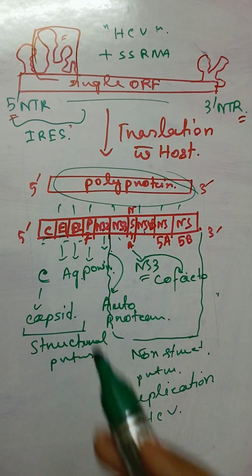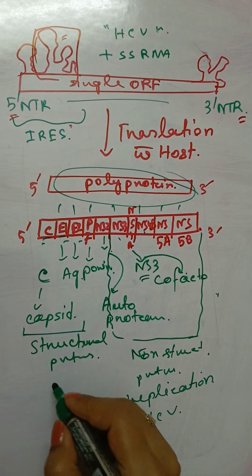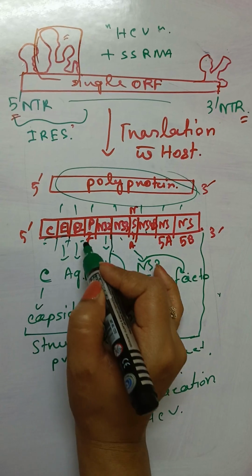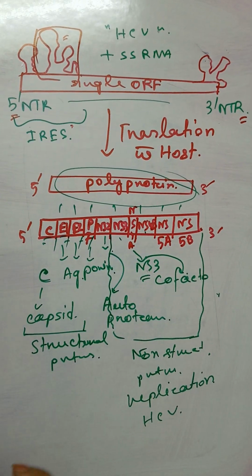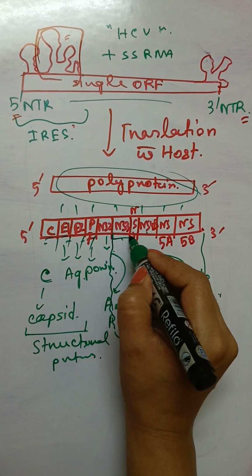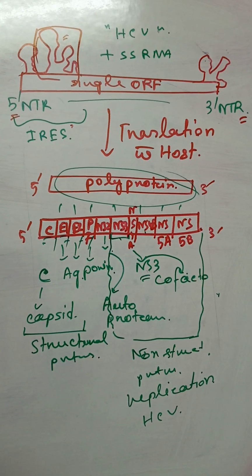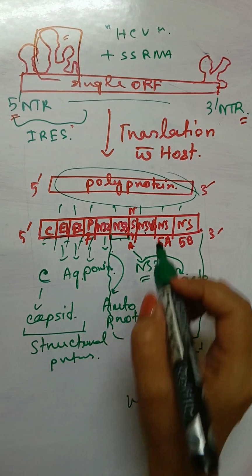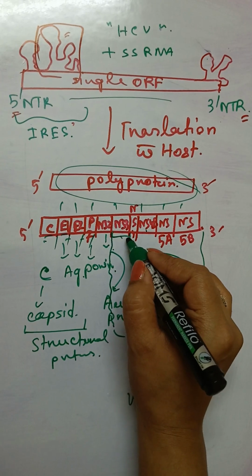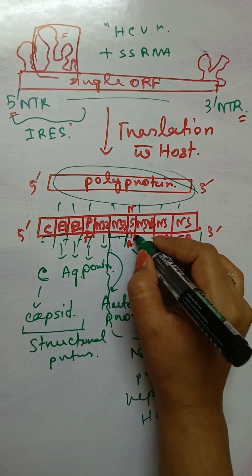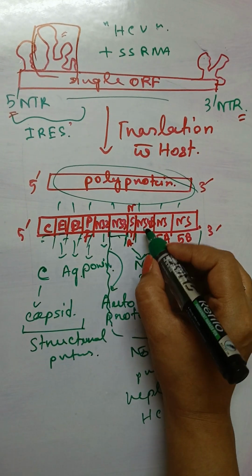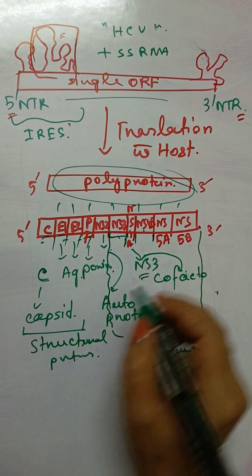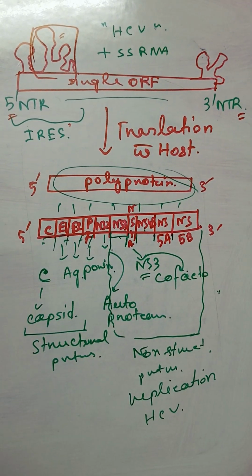Basically, host cell proteases, the signal peptidase, will cleave this C, E1, E2, P7, etc. Then NS3 will play its role. How? Because these are also proteases. NS3 will cleave at this junction, NS4A, NS4B, between NS4B and NS5A, and between NS5A and NS5B.